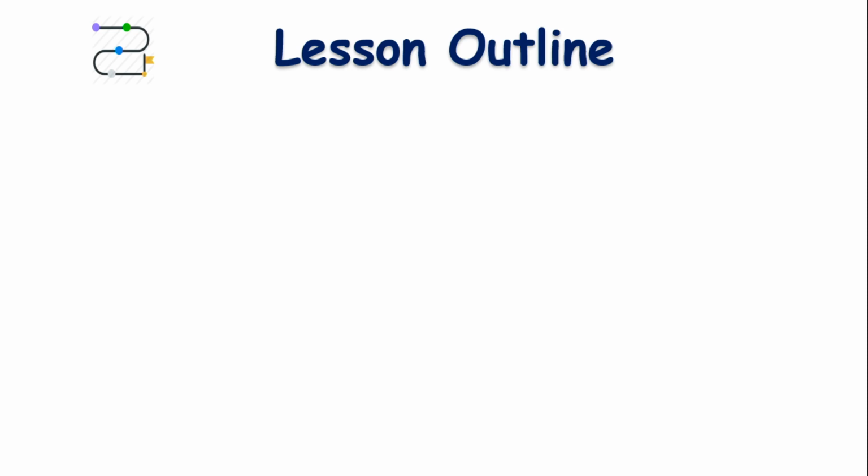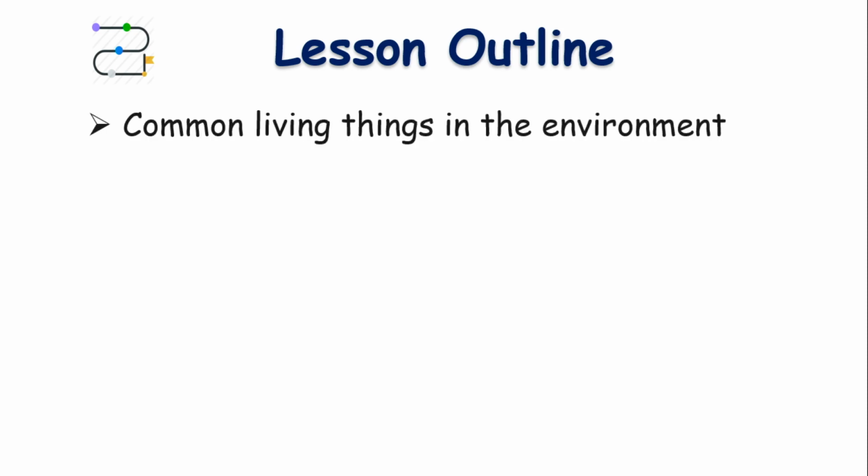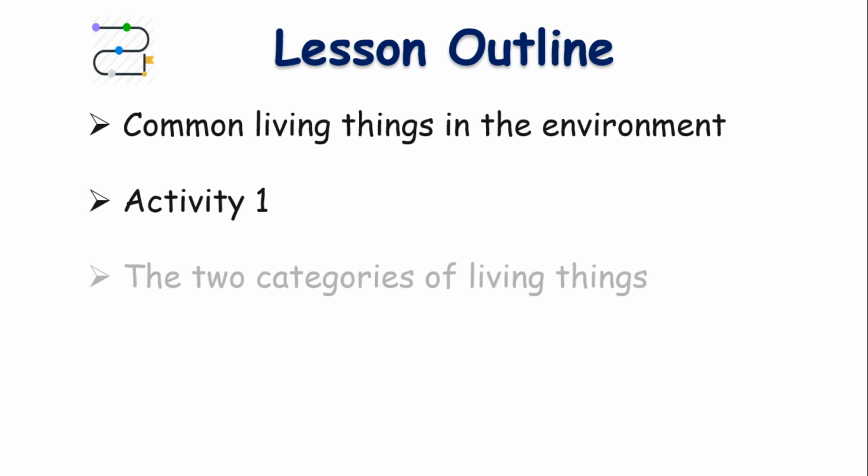We shall start by learning how to recognize common living things found in the environment. We shall do a first activity to identify living things. We shall then learn about the two categories of living things.